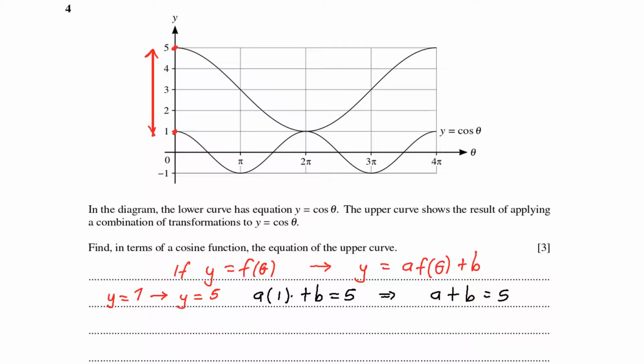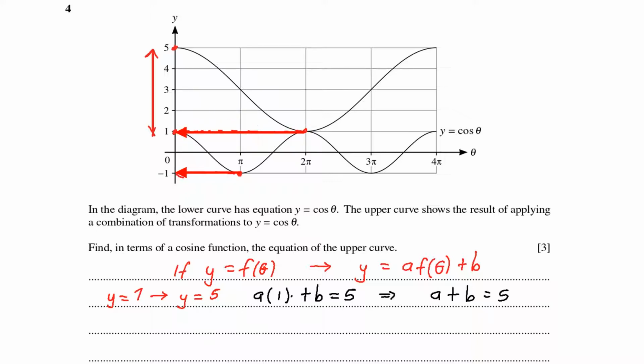Again, you can see that another point that we can take is the first lower peak of the graph of cos theta, at -1, which is being transformed onto the first lower peak of the other graph here, which has a y value of 1.